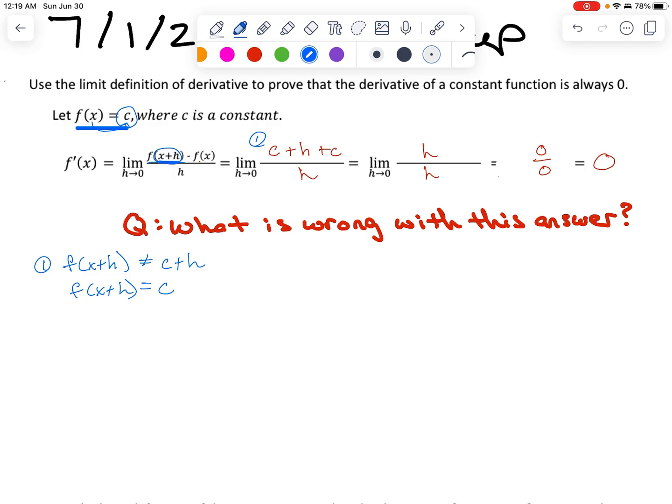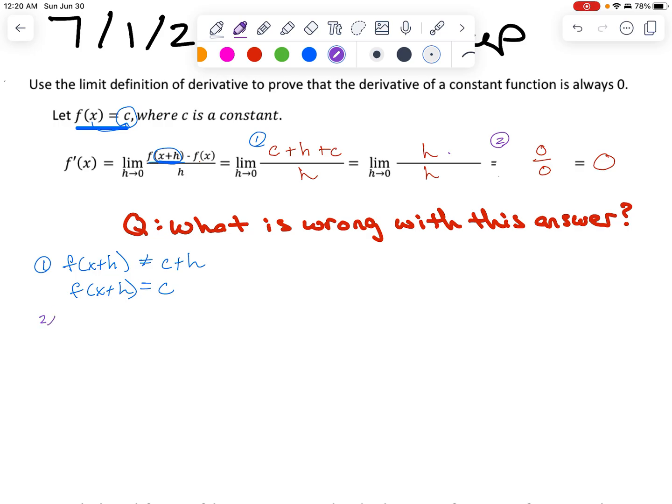So that's the first error. And then they kept going. And let's say they kept going, and the next thing they did here was they got h over h, which is actually fine. That step's fine. And then they went over here and got 0 over 0. But does h over h equal 0 over 0? It doesn't. If I got h over h, that would be 1, not 0.